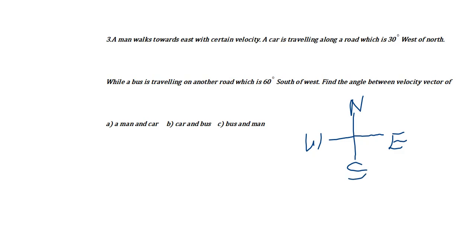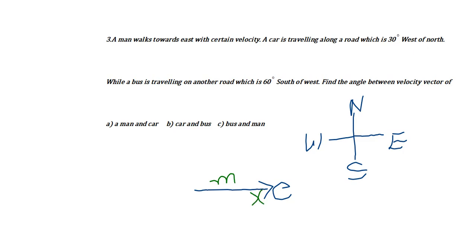So the problem given is a man walks towards east. That means he is moving in this direction. This is east. Who is moving here? A person. The person is moving in this direction. This east means x-axis.